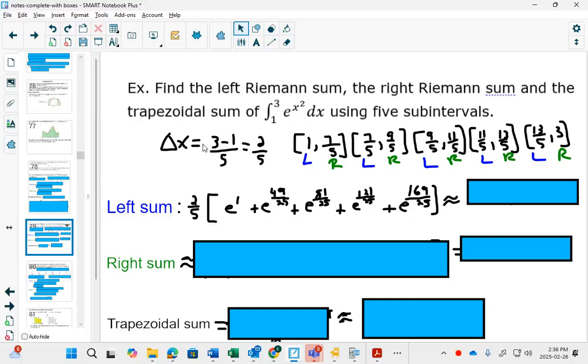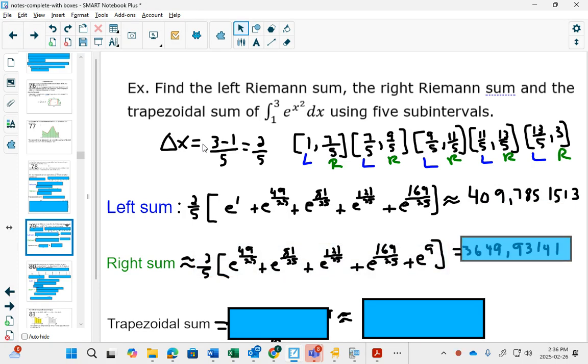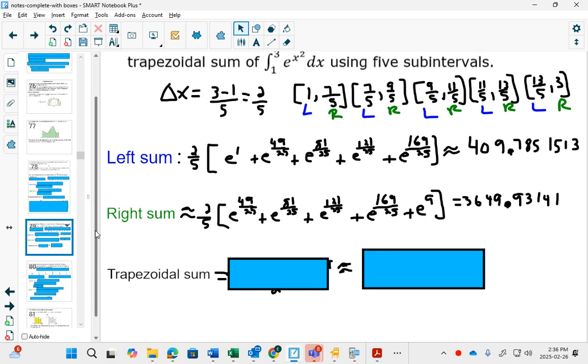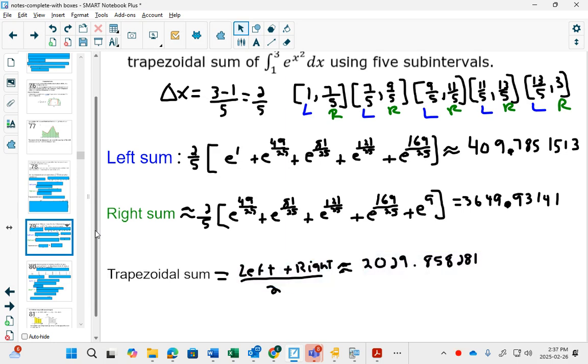And we have all of these numbers, which, if you evaluate them, and then the trapezoid sum would just be the average of those two. And judging how different the left and the right are, I would guess that the trapezoid is a much better, much more accurate attempt.